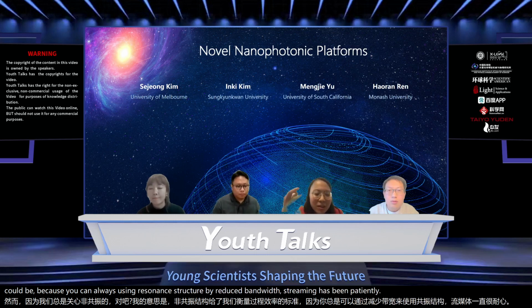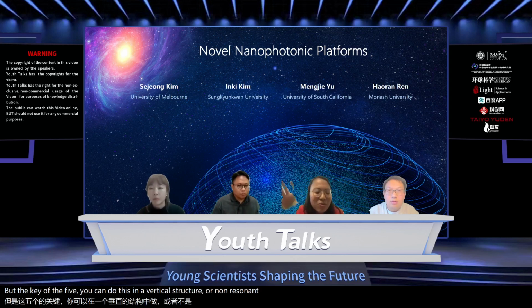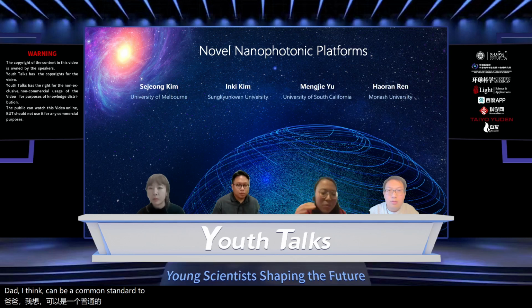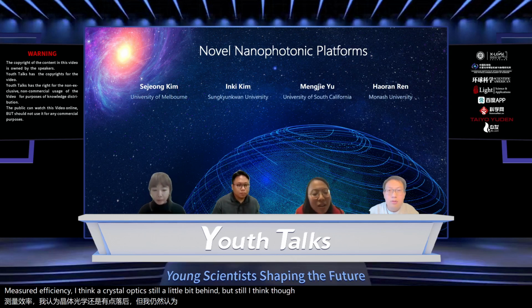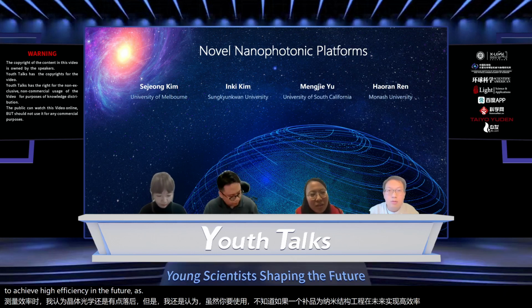But if you can do this in a waveguide structure or non-resonant structure, that can be a common standard to measure the efficiency. I think acousto-optics is still a little bit behind, but you have to use nanophotonic or nanostructural engineering to achieve high efficiency in the future. I think there's no doubt about that.